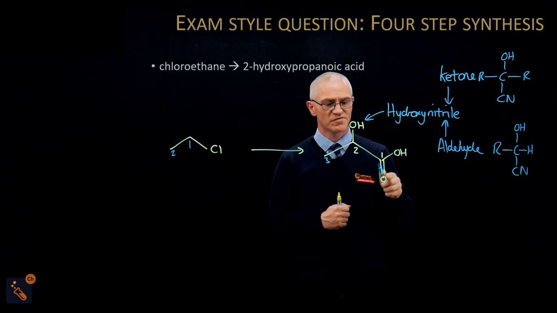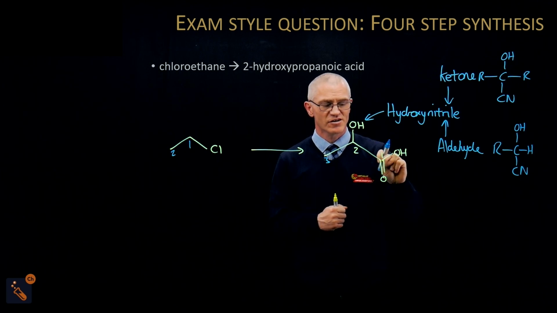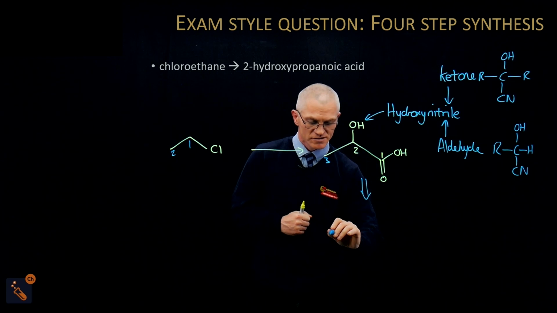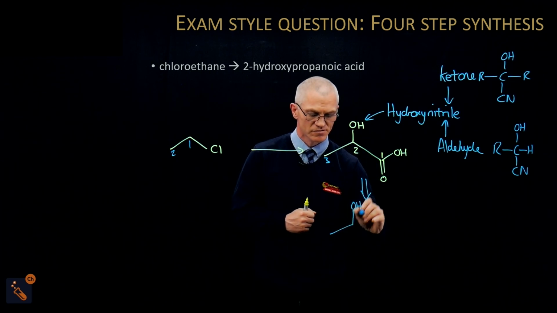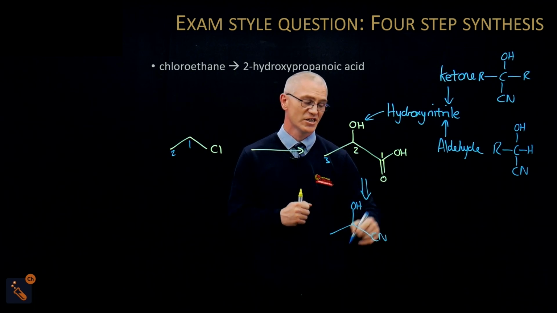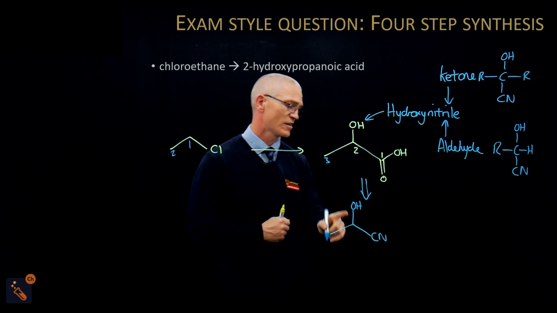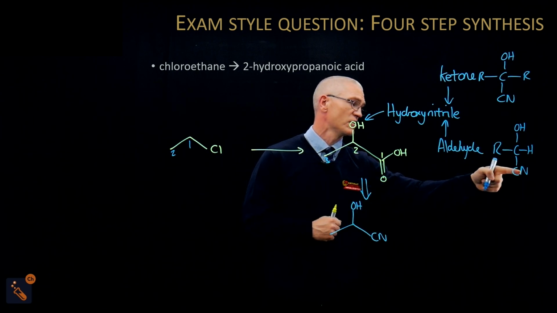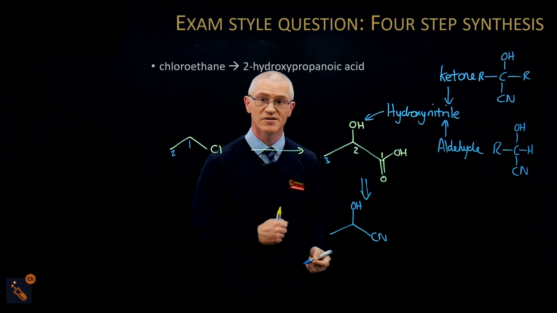So if I think I can get my carboxylic acid here from a CN, let's draw it out. Well, there you go, I can get carboxylic acid from there, you saw from the previous example. Okay, this fits that because there's a H coming down here, an OH. It doesn't fit the ketone.